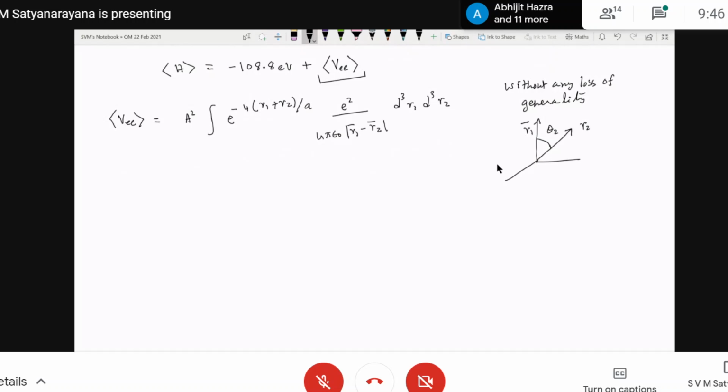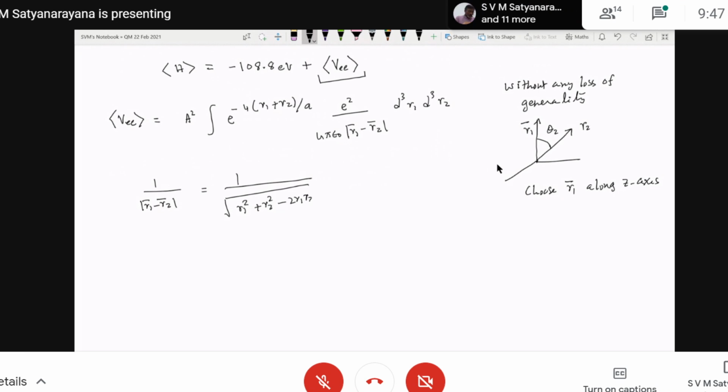So choose R1 along the Z axis. Then you can write 1 by |R1 minus R2| as 1 by square root of R1 squared plus R2 squared minus 2 R1 R2 cos theta.